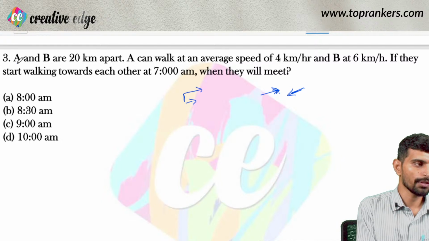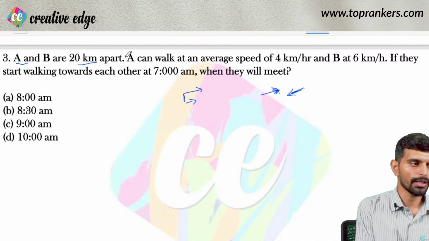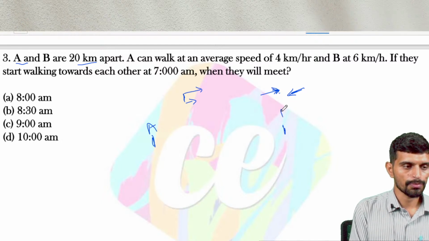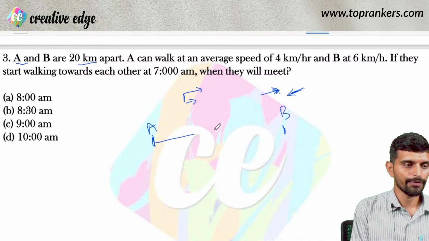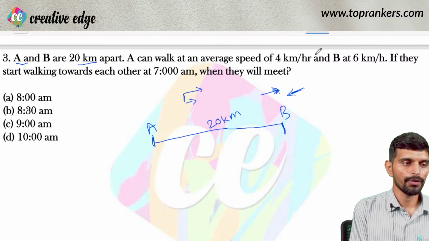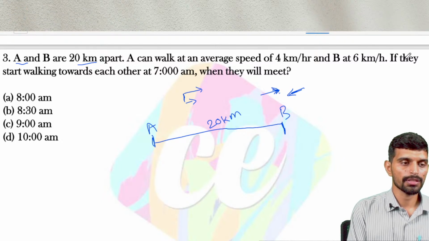So here with this relative speed concept we can calculate this question. Here what is given, A and B are 20 kilometers apart. So this is point A, this is point B. The distance between these 2 points is 20 kilometers, and A can walk at an average speed of 4 km per hour and B at 6 km per hour.